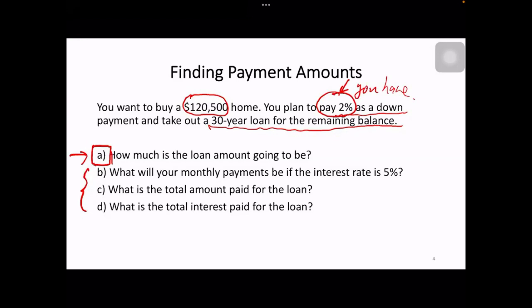So first question, how much is the loan amount going to be? How can we find out the loan amount for this case? So 2% you have, the rest is how much? How can we find that out?